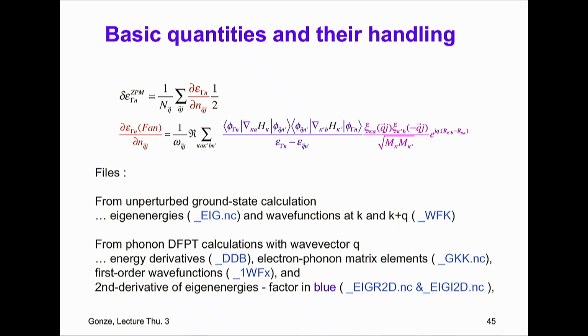And this quantity, I take here the Fan contribution, comes from things that are in blue and things that are in violet. This comes from the phonon eigenmodes, and these, well, it's a mix of quantities that come from phonon calculation. The first order change of Hamiltonian comes from the first order change of potential, but also one encounters these wave functions of the ground state. Okay.